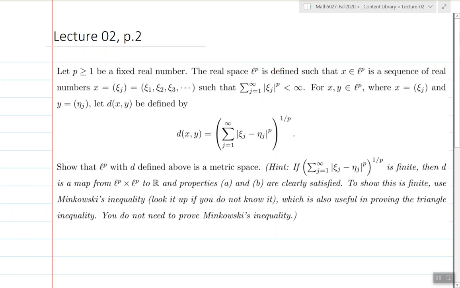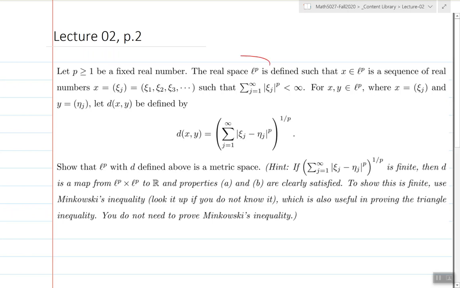You might remember from calculus that if you have a series and it's summable, meaning it's less than infinity when you add it all up, that implies that the terms have to converge to 0. And the idea of them being an LP means that when you raise them to the p power, it's summable, which is describing some sort of rate of convergence to 0 that these individual sequences have to have.